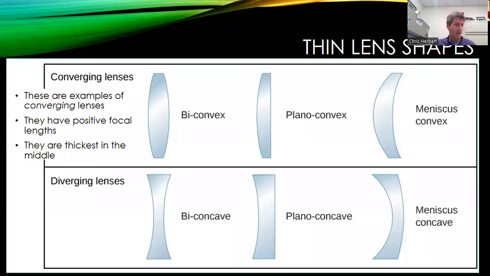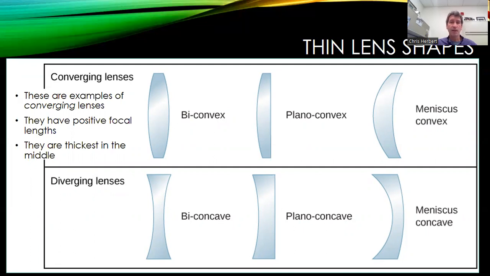So here's some different examples of common lenses that we come across. The biconvex lens has both positive surfaces on either side. And when I talk about positive surfaces, a positive surface bows out from the center, okay? It's convex. And that gives you a positive focal length.